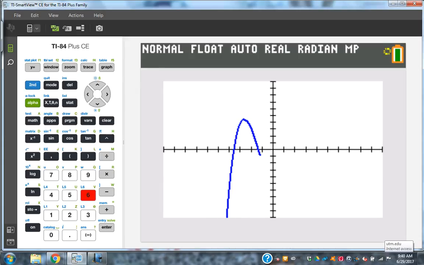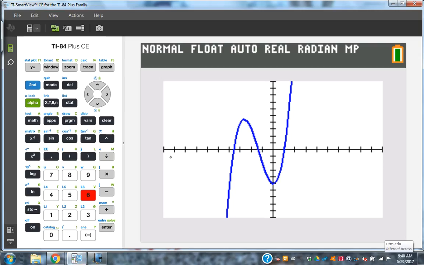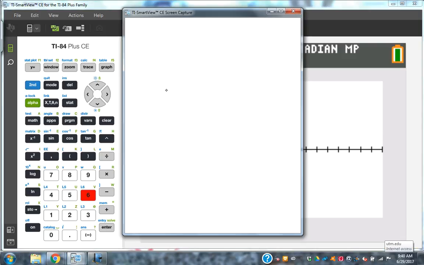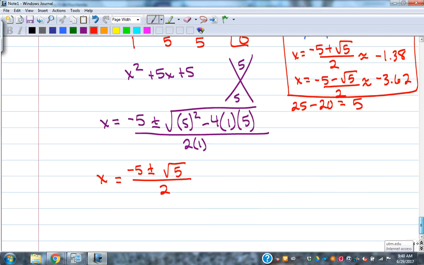I'm graphing that with my graphing calculator. Look at where it's crossing the x-axis. It's crossing right there at positive 1. That was a 0. Right here is negative 1 and some change. Let me copy that to my notes so I can write on it and you can actually see what I'm doing here.